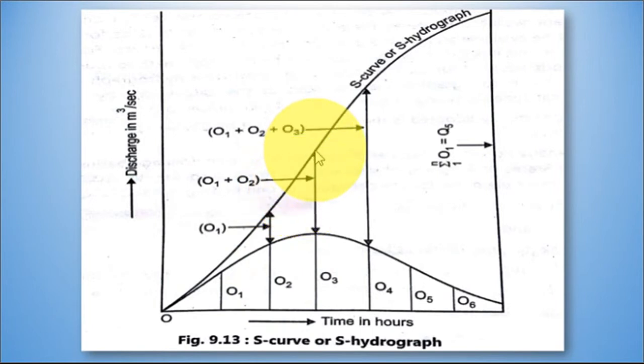Here this ordinate is found by adding the earlier ordinates q2 plus q1 and this q3. And so on, when you calculate, you will get the ordinates of this S curve hydrograph. The axes will have the usual values: time in hours on the x-axis and discharge in meter cube per second on the y-axis.